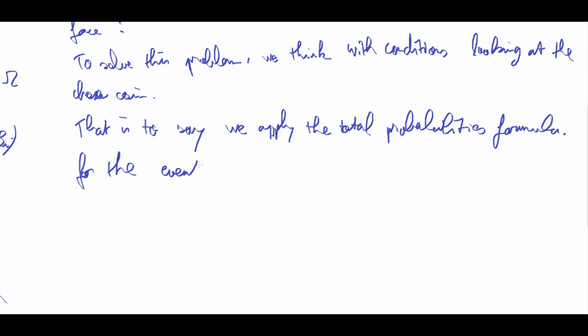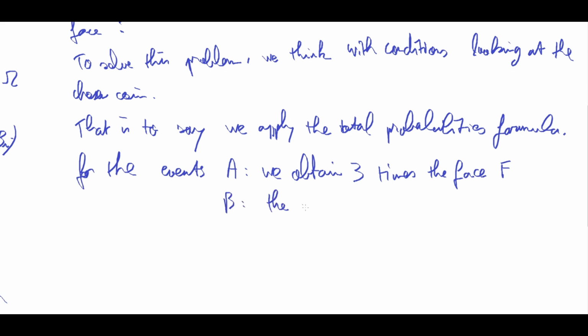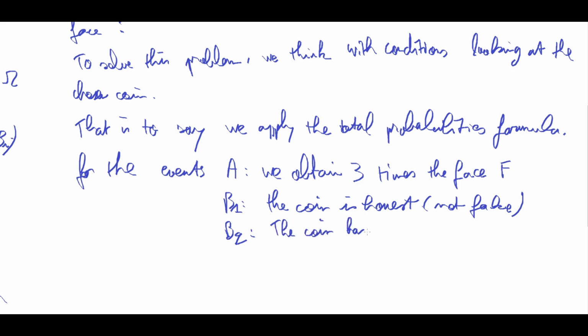For the events A, we obtain 3 times the face F, and B, the coin is honest. It is not fake. B1 and B2, the coin has 2 times the same side, has 2 identical sides, has two faces F.